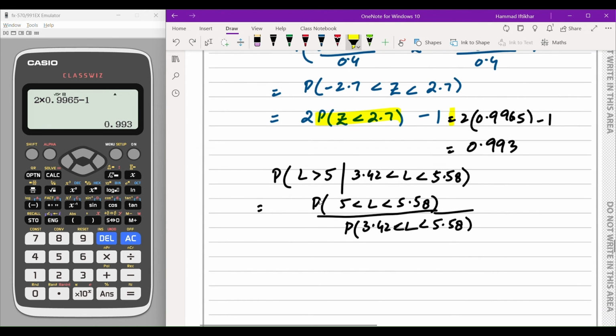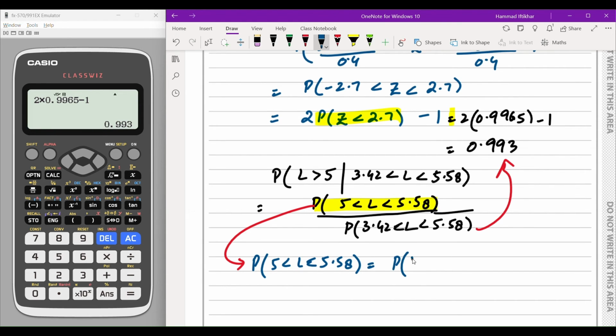The numerator is what we need to find out; the denominator we already have. So the probability of L between 5 and 5.58 is the probability of L less than 5.58 minus the probability of L less than 5.